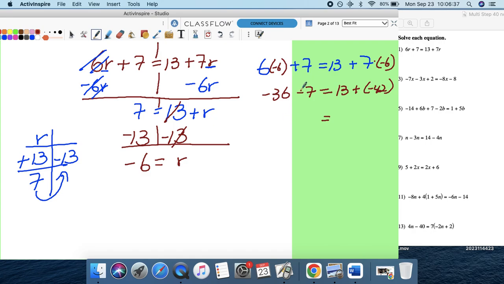Oh, this is a plus 7, sorry. And that's going to give me negative 29. And on this side, it's also going to give me negative 29. So because the left side of my equation equals my right side of the equation when I plugged in negative 6, I know my answer r equals negative 6 is correct.